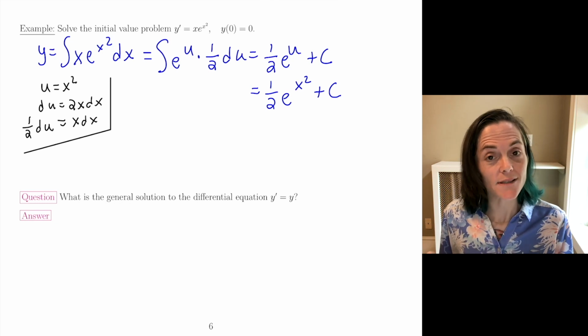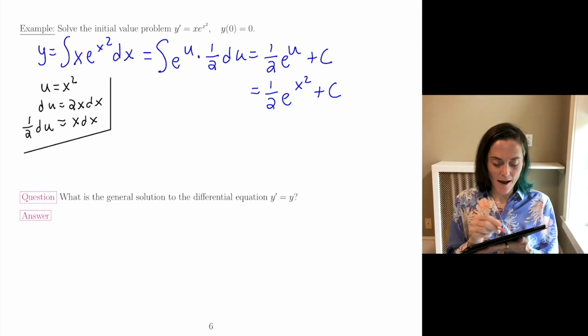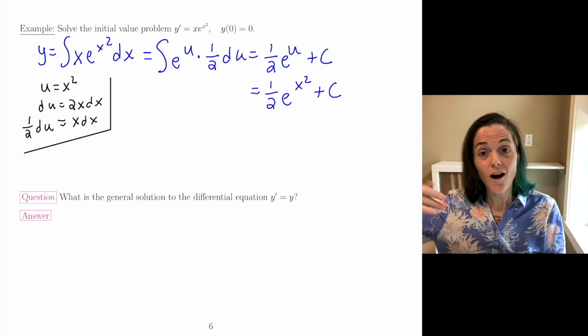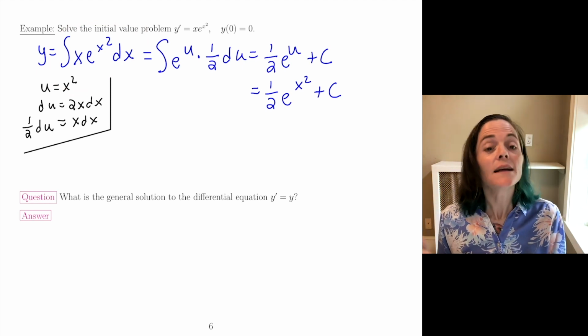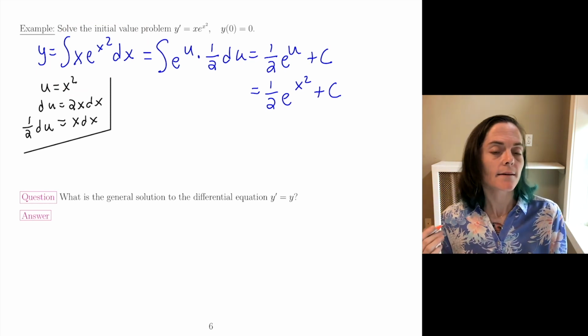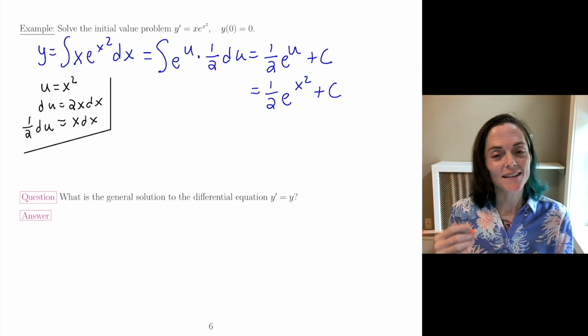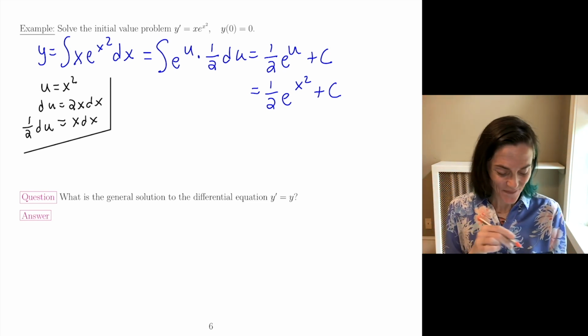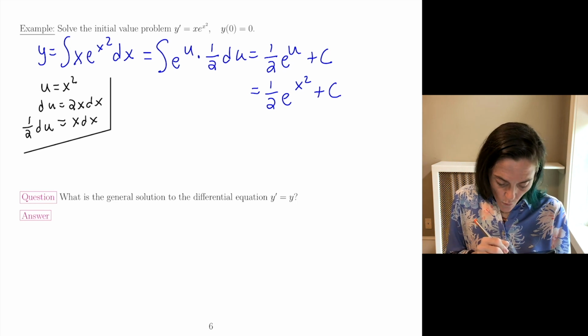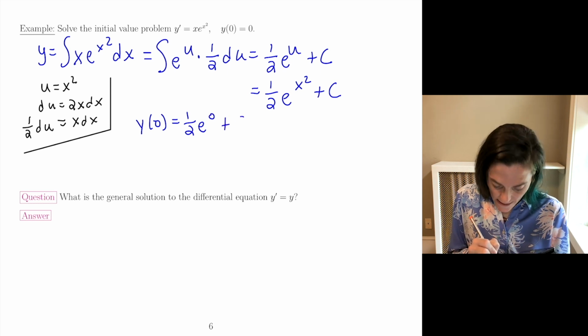Now this is the general solution, or if you're thinking about integration, it's all antiderivatives of x e to the x squared. We're looking for a particular solution, and so y of 0 is 1/2 e to the 0 plus c.